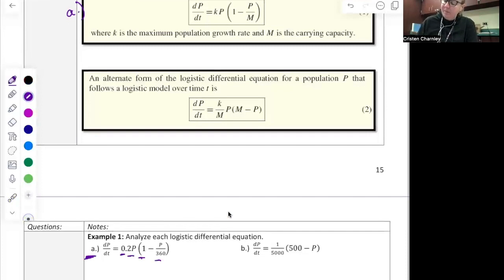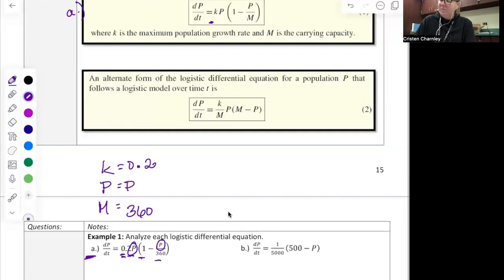So I'm looking for a k, I'm looking for the P, I'm looking for the M. M's pretty easy. It's the value on the bottom of the fraction, so M is 360. P is here and here, so P remains P in this case. And then k is the value that's with the P in the front, so that's the 0.2. So that's how we pull the pieces of information out.